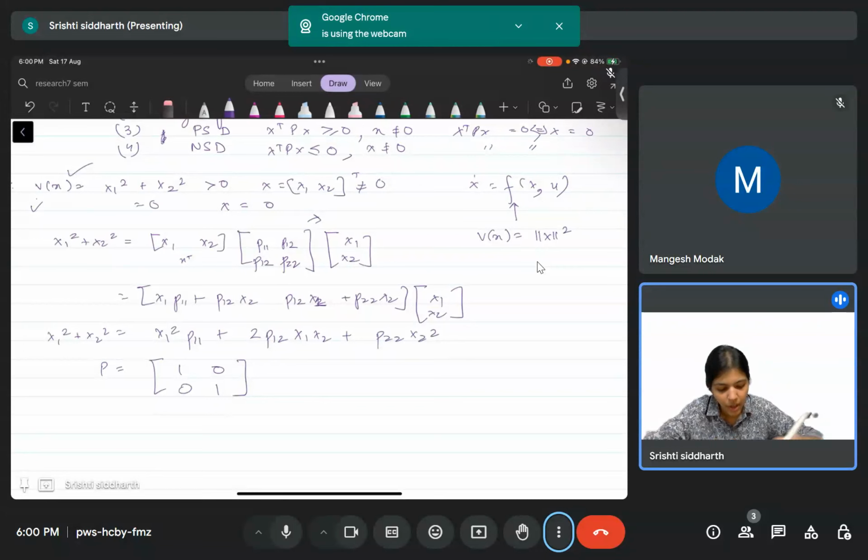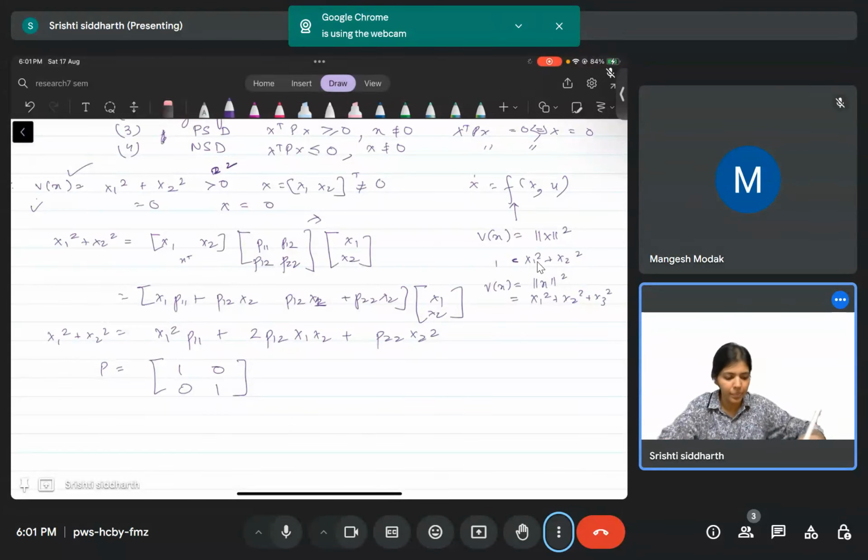For example, we are in R2 here. So this is simply x1 squared plus x2 squared. If we were talking about the three-dimensional case, first check the stability by using this simple Lyapunov function. It may not always work, but this is the simplest one. This is going to be x1 squared plus x2 squared plus x3 squared.